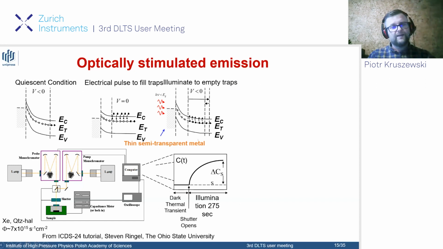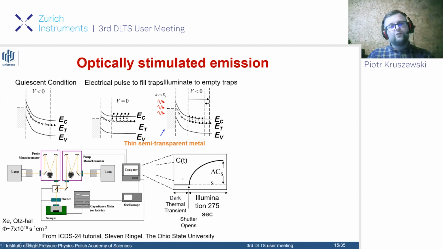Here you can see the bands and the slide where I wanted just to present to you. These results are from Steven Ringel's group from Ohio State University, which are, I think, the best experts in DLOS in nitrides, and I learned a lot from their papers and publications.